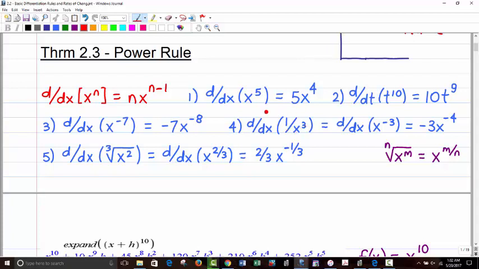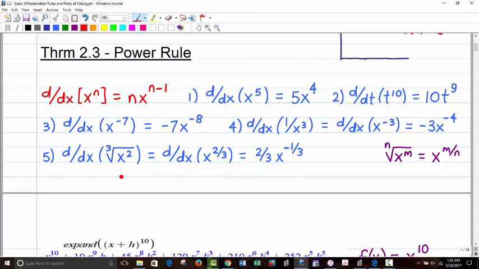You have to have the x in the numerator. So you bring the x up, and 1 over x to the 3rd is the same thing as x to the negative 3. So you bring the negative 3 down, subtract 1 from the exponent, it becomes negative 4. So that's the way you handle it with fractions.